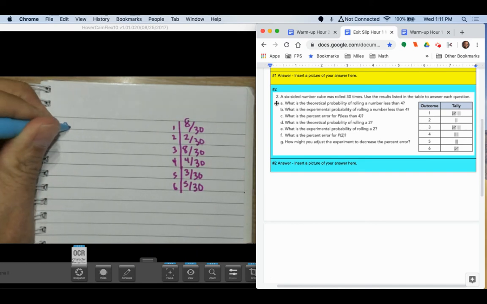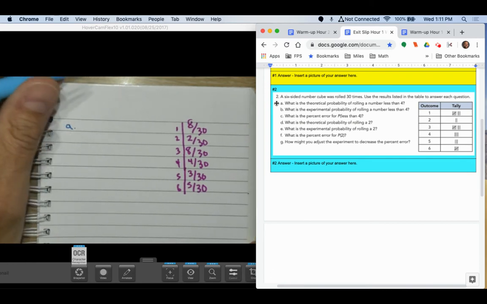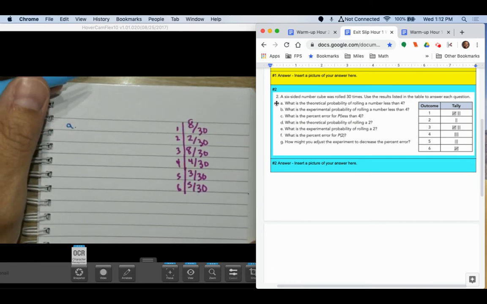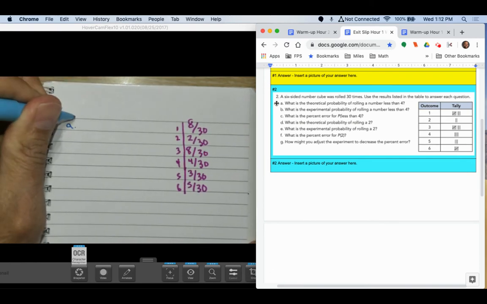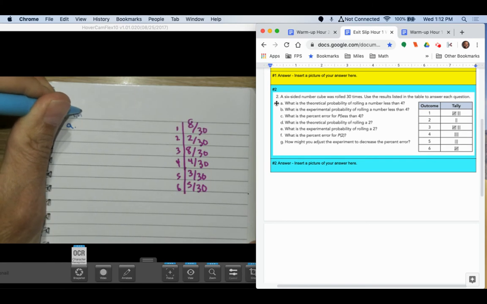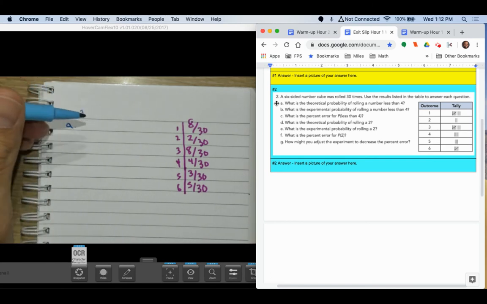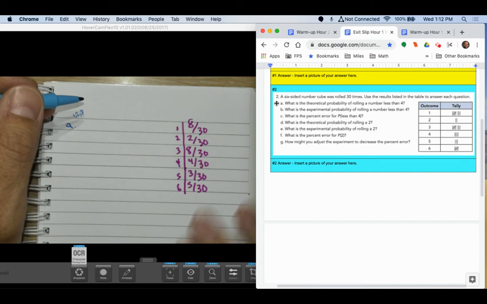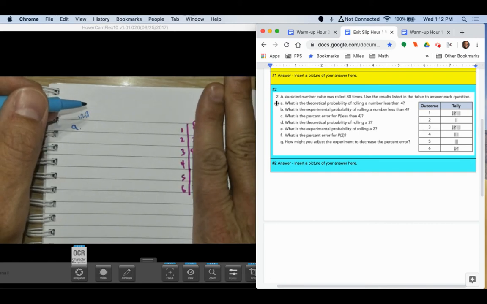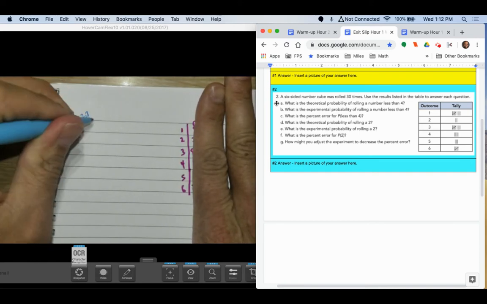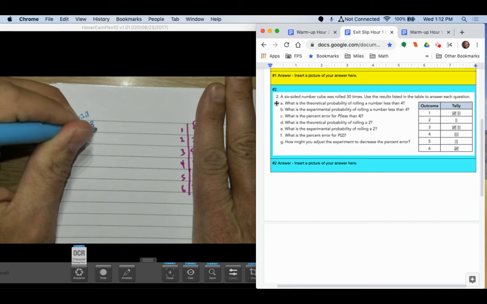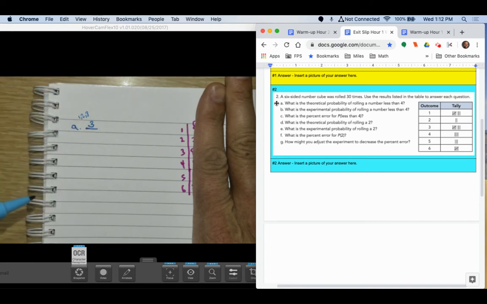A, what is the theoretical probability of rolling a number less than 4? Well, less than 4, an outcome would be 1, 2, or 3. When it says theoretical, they're talking about not having the experiment, so not looking at this, but just looking at what the outcomes are. So there are 3 outcomes that would be less than 4.